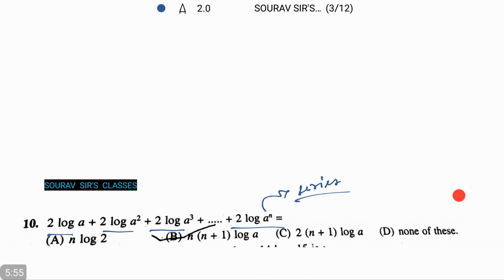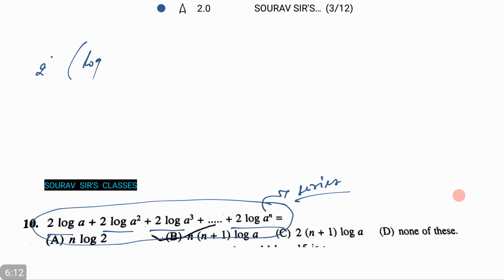And we note that we can collapse this entire expression and write it as a product. We do this as 2 into log of a into a squared into a cube, and this goes on until a to the n.